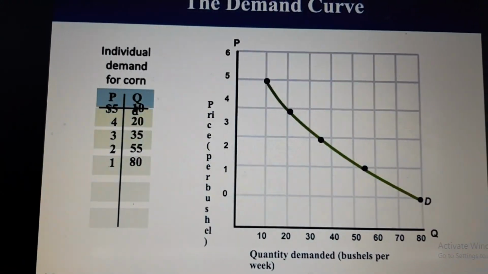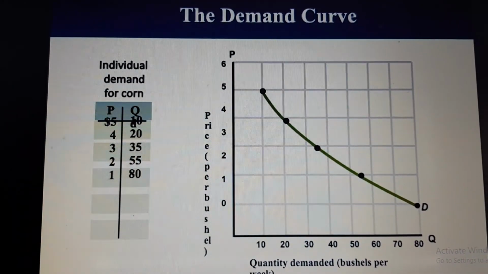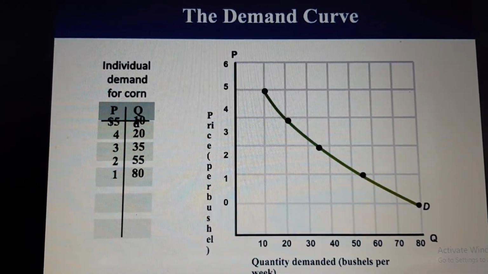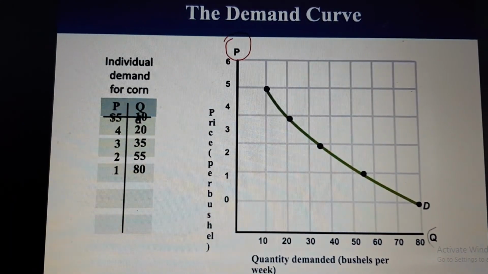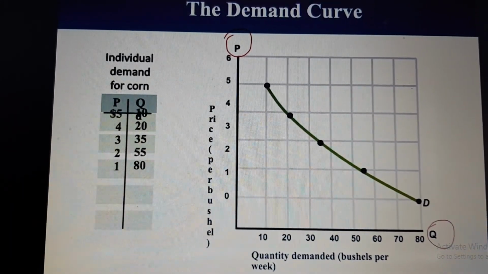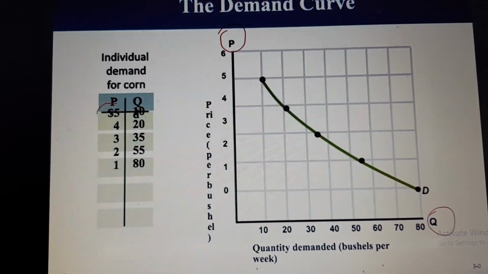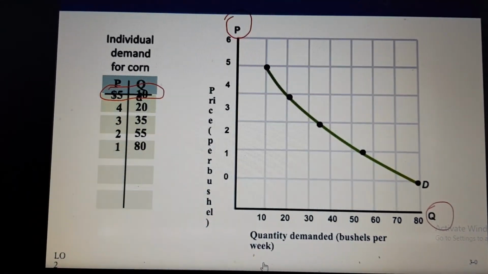bushels of corn. So if we were to graph this out, price will always be on the vertical axis on supply and demand graphs, and quantity will always be on the horizontal axis here. Okay, so to graph this out, we see here at $5 per bushel, I demand 10 bushels of corn.